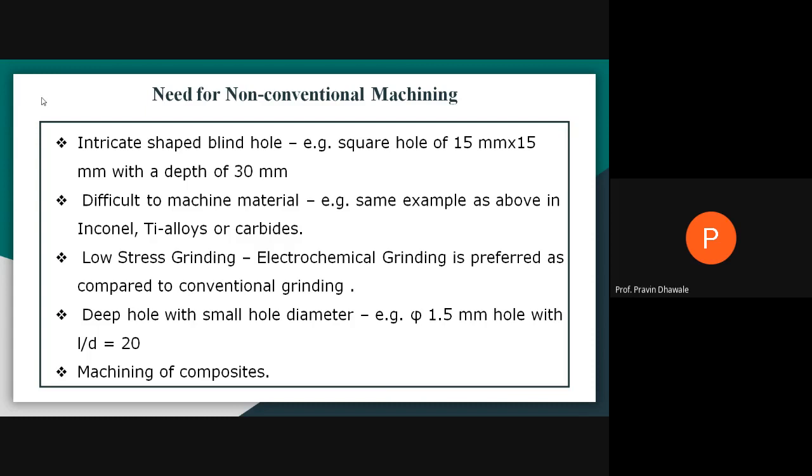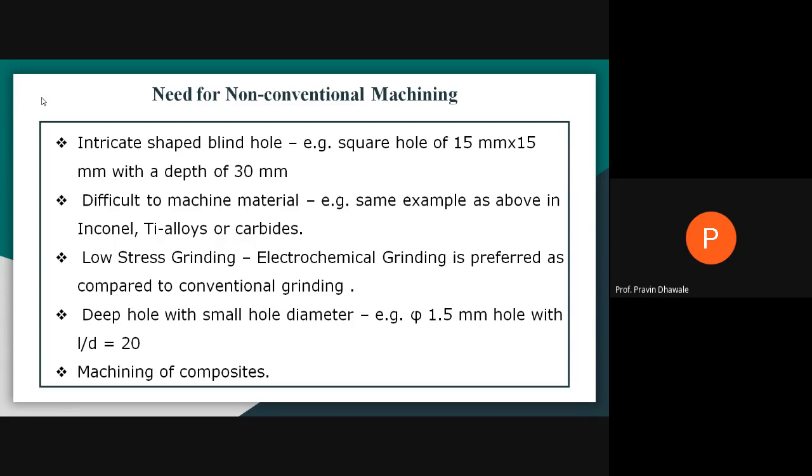If we consider the grinding process where we require low stress, because stress will affect the mechanical properties of the workpiece, then electrochemical grinding, a method of non-conventional machining, is more suitable as compared to the conventional grinding process, because it produces less stress on the workpiece material.